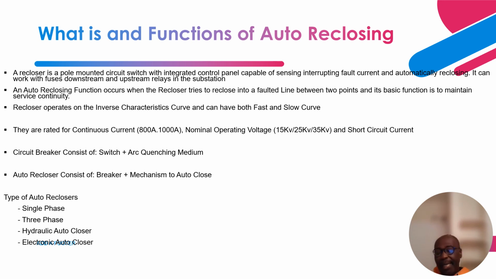It's a circuit switch with an automation scheme, and it has a control panel that provides that automation scheme, which has the capability of sensing the interrupting fault current and causes the breaker or the switch to open and reclose, depending on the sequence and the number of times it's supposed to open and reclose.